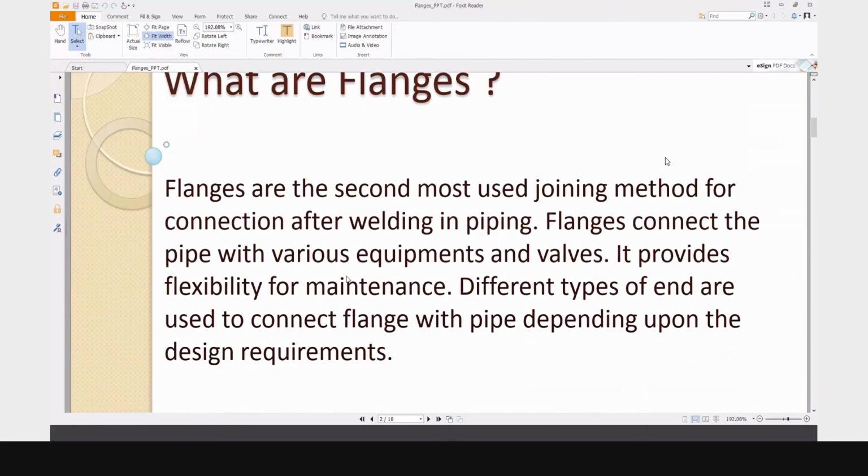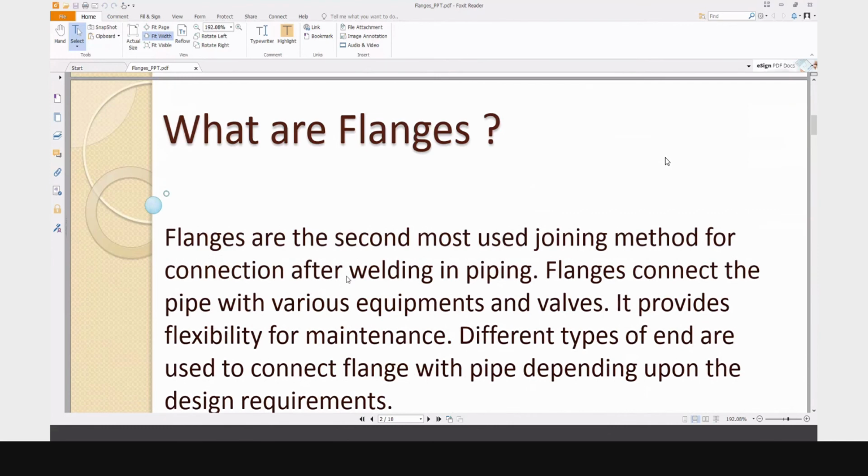Now again I am repeating. What are flanges? Flanges are the second most used method, after welding, for joining two parts of a pipe or two parts of an instrument.